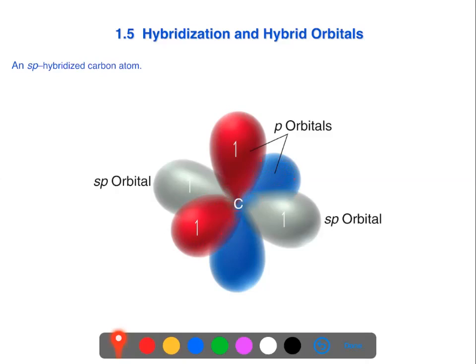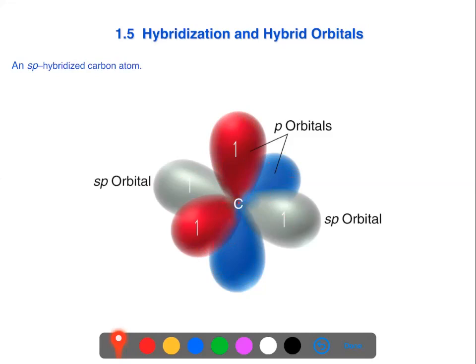What's left is an sp orbital here and a second sp orbital here. And they are also 180 degrees away from one another. So this is slightly out of the plane, this is slightly behind the plane of the screen. So this is what an sp hybridized atomic center looks like. You have 2 p orbitals associated with it, as well as 2 sp hybrid orbitals.